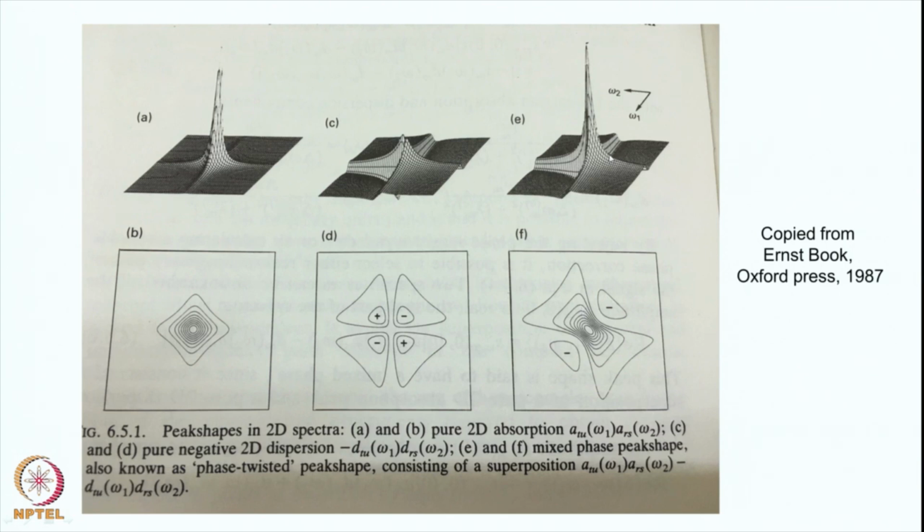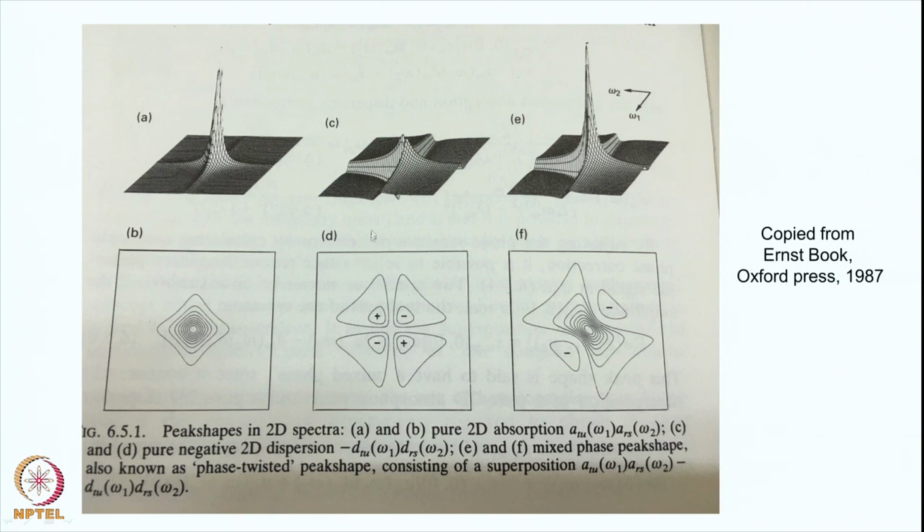Now if I were to take individually these line shapes and take their cross sections, heights at various places, and plot the contours, this peak will look like this. And if we were to take the cross sections here at various levels, we will have a peak shape which is like this. It has the 0 at the center and it has lobes going out like this. That is the characteristic of the dispersive line shapes along both axes.